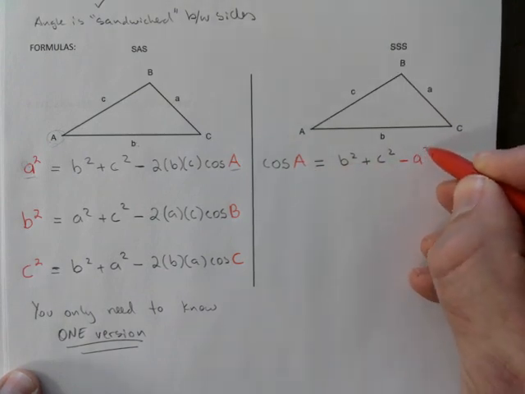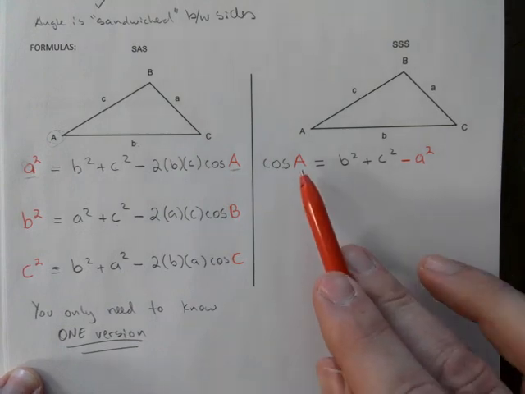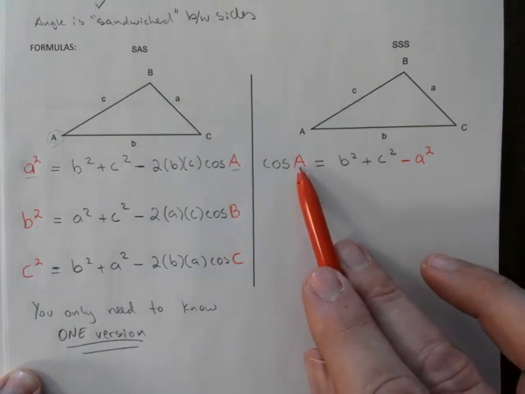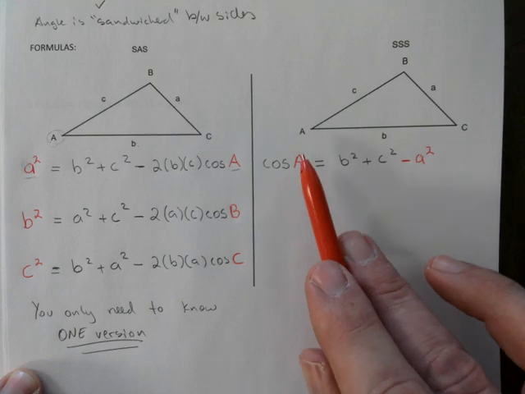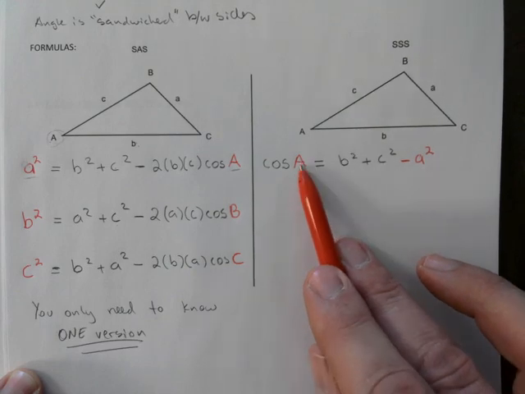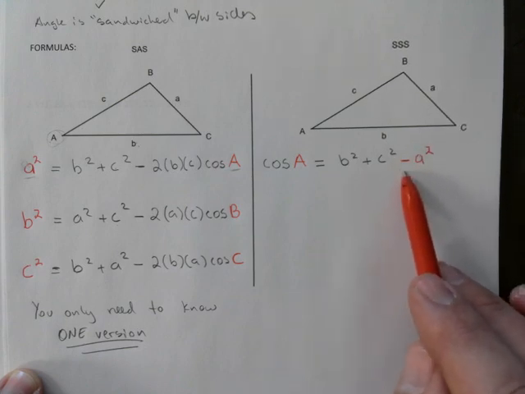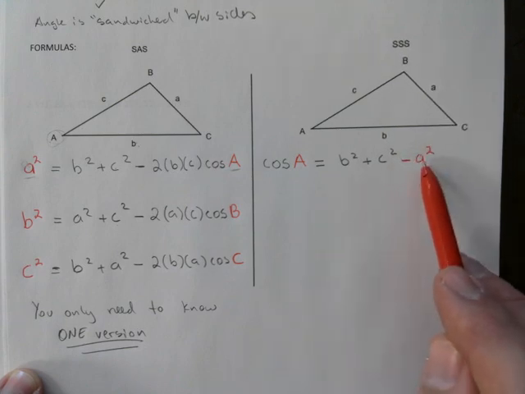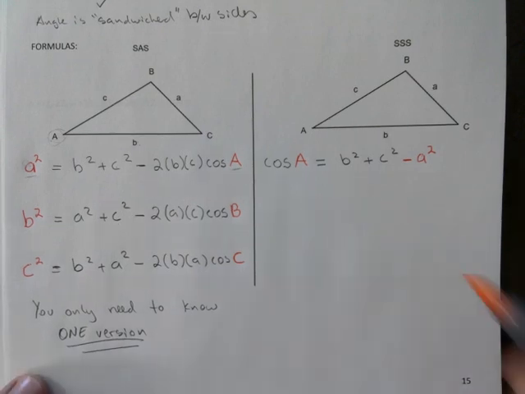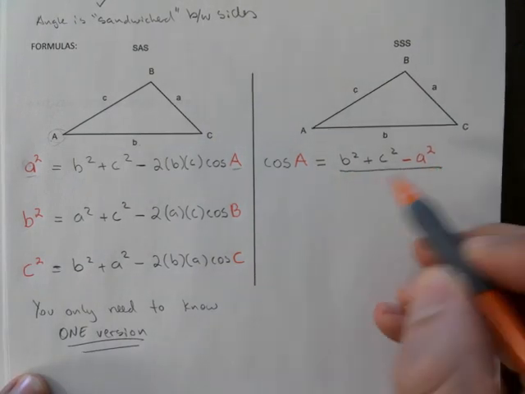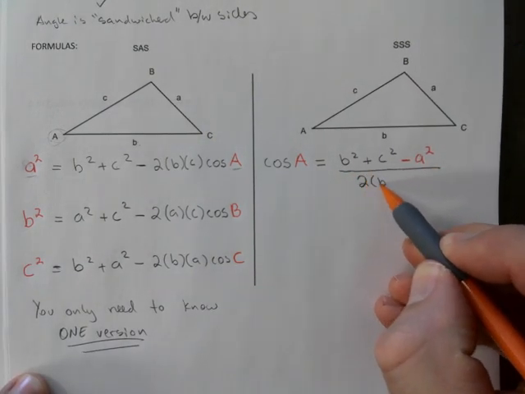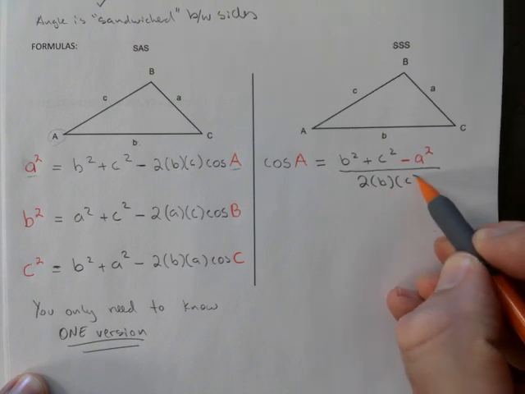It's important that if you're solving for angle A, this could be angle X, D, F, it doesn't matter, the side that is across the angle you're trying to find needs to be subtracting, okay? Very important. Then you go divided by 2 times B times C.